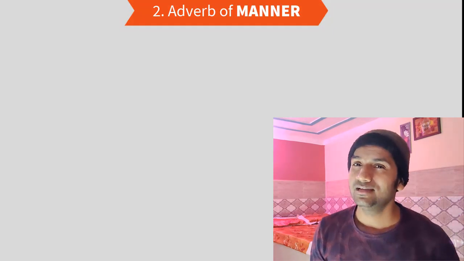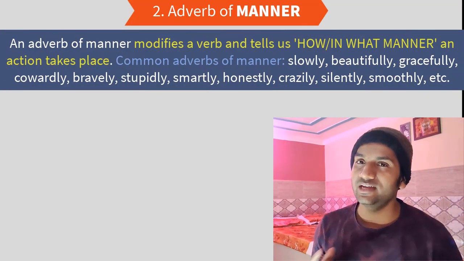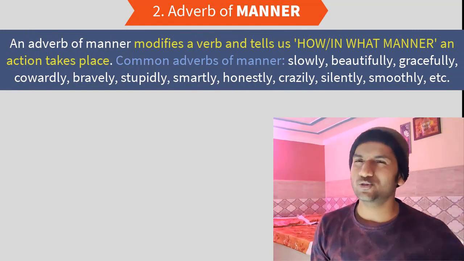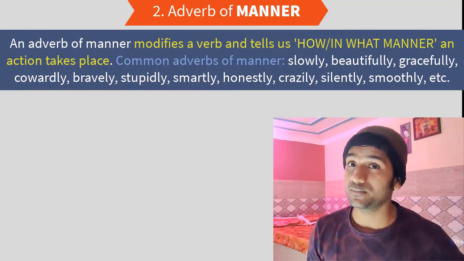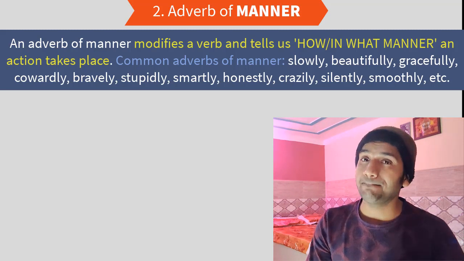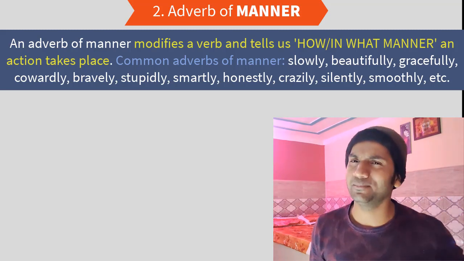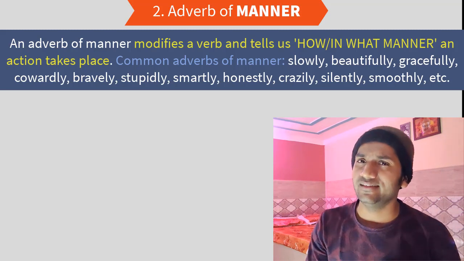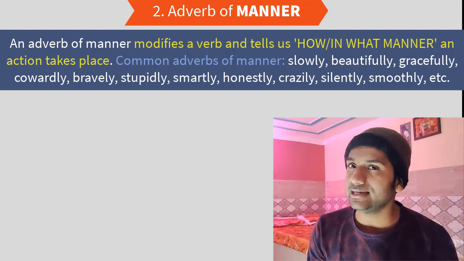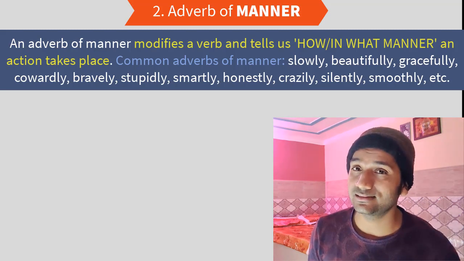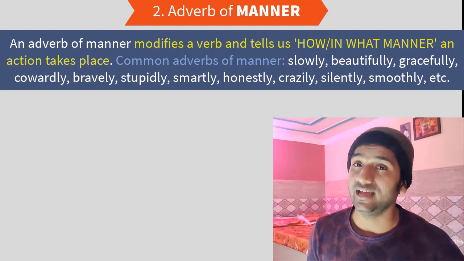Moving to the next one, an adverb of manner. As the name goes, an adverb of manner is an adverb that talks about how, in what manner an action happens or happened or will happen or was happening in the past, whatever the tense we have in the sentence. And let me tell you, an adverb of manner generally ends with ly.